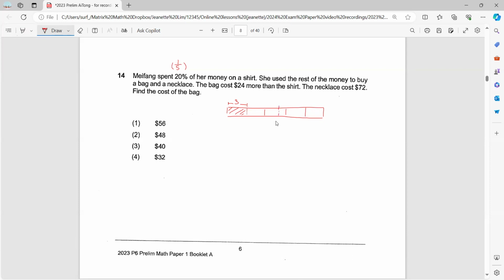So this part here will be the bag, and this portion here is a 24. Okay, and the rest of it will be the necklace. And we actually know the cost of the necklace, which is $72.